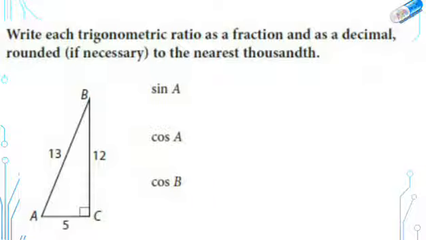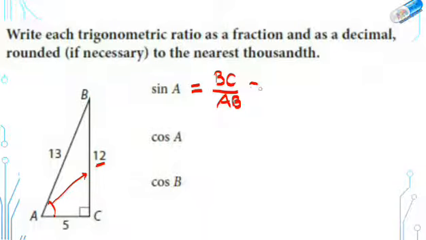Number one, sine A. So here is the angle A. And we know that sine is the opposite over the hypotenuse. So where's the opposite? The opposite is 12. So it's equal to the side BC, which is the opposite, over the hypotenuse, which is AB.